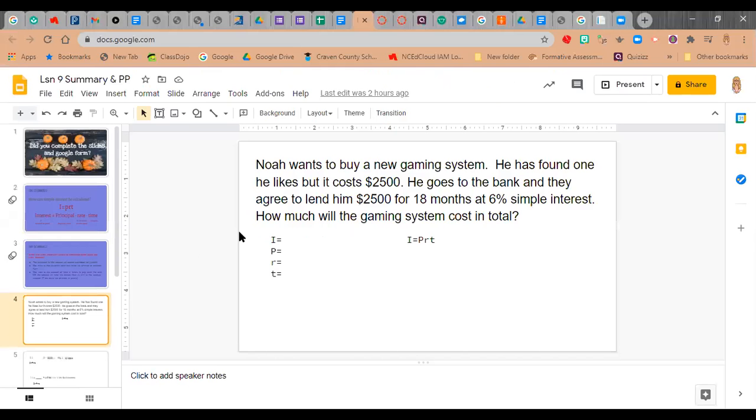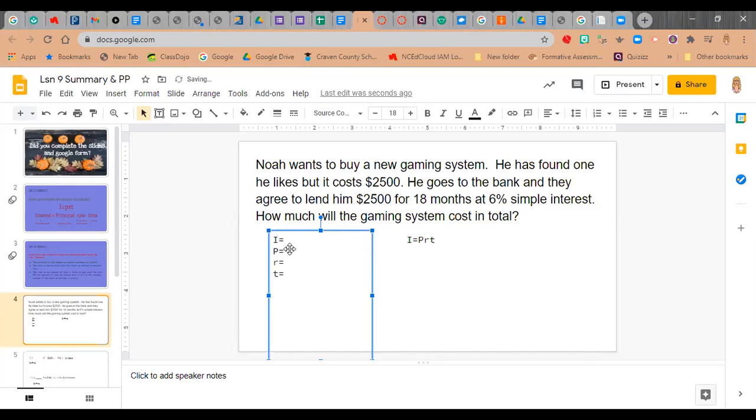Okay, so next to principal, I am going to type in that $2,500 because what I'm doing is making like a cheat table. All right, now I come over here and I see this 18 months. Well, I know months is time, so I'm going to put 18 months, but then I remember I can't use it as months. I have to use it as years.